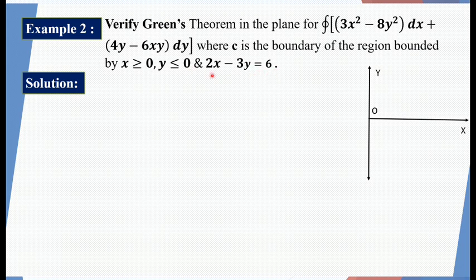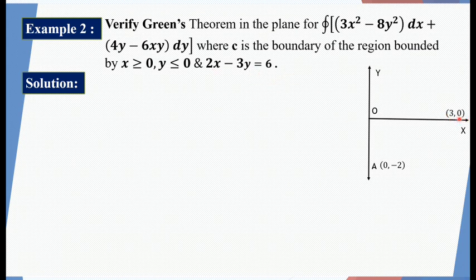So this is basically a straight line. To draw it, we have to find the boundary points. So how to get the boundary points? When we put x equals 0, then y is equal to minus 2. So the point is (0, -2). Let it be A. And when we put y equals 0, then x is equal to 3.